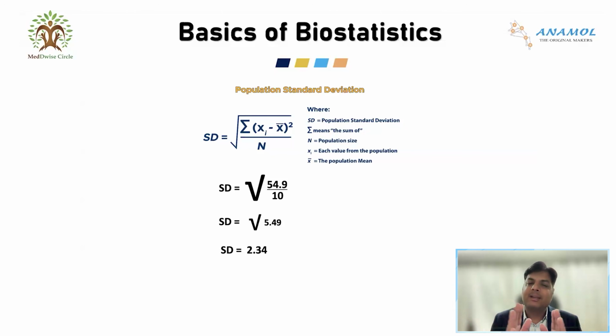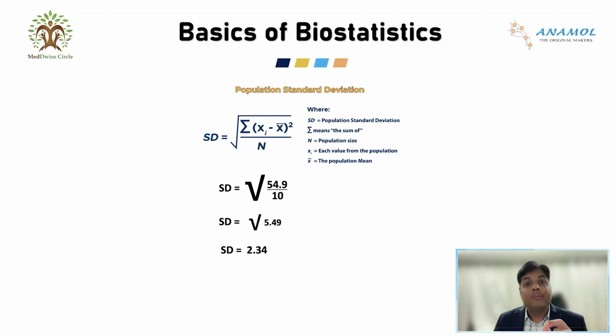The average that a student scores is 5.9 and the standard deviation is 2.34. That means from 5.9, if I go less by 2.34, it will be called minus 1 SD. From 5.9, if I go plus 2.34, it will be called plus 1 SD. And so on and so forth, right?